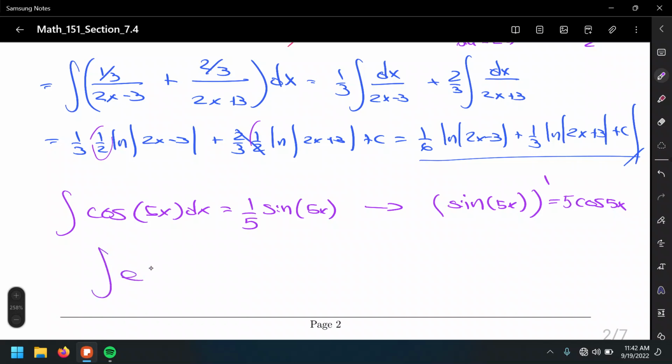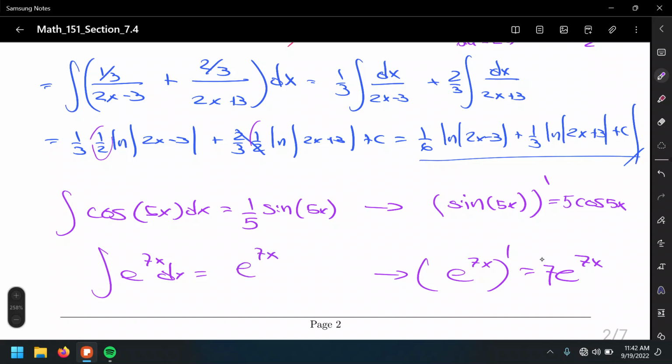In the same way, e to the 7x dx, what's the integral of the exponential? Isn't it itself? Let me do the derivative instead. e to the 7x prime. The derivative of the exponential is always itself, e to the 7x, but by the mini chain rule, times 7. Because the integral is the inverse operation to the derivative, the integral of the exponential is also itself.